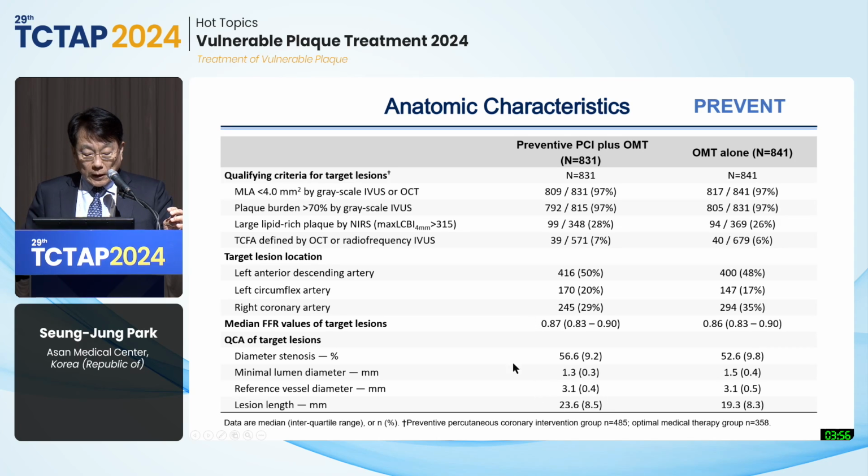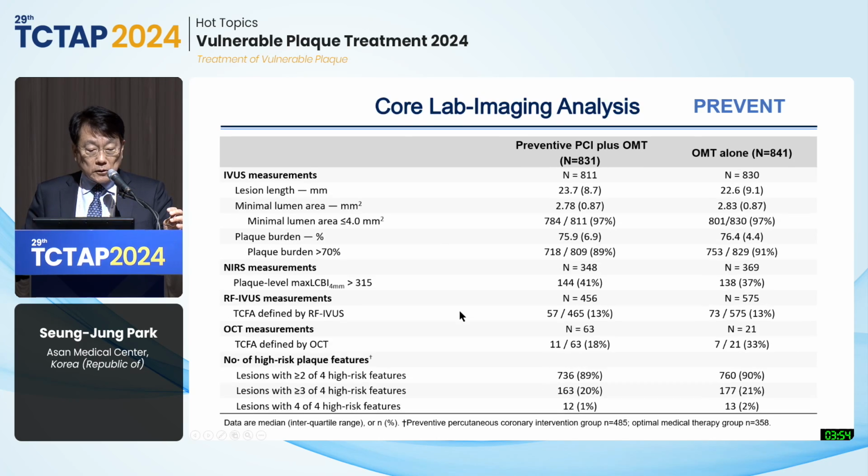Reference vessel diameter 3.1, lesion length 20.3. IVUS measurements are almost the same. Minimal lumen area less than 4 mm², 2.8 mm². Plaque burden 76%. Plaque-level maximal LCBI more than 315 in 41%. Thin-cap fibroatheroma 13%, and by OCT definition 18%.